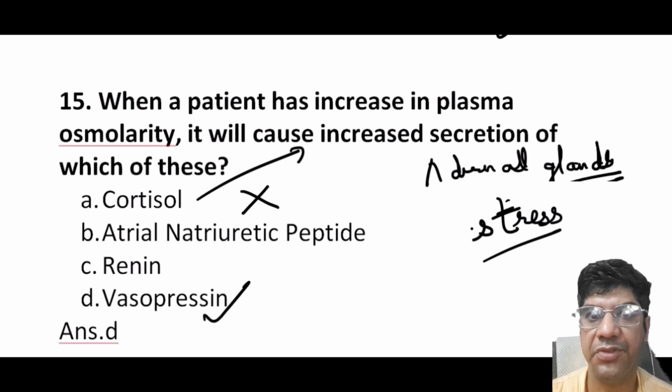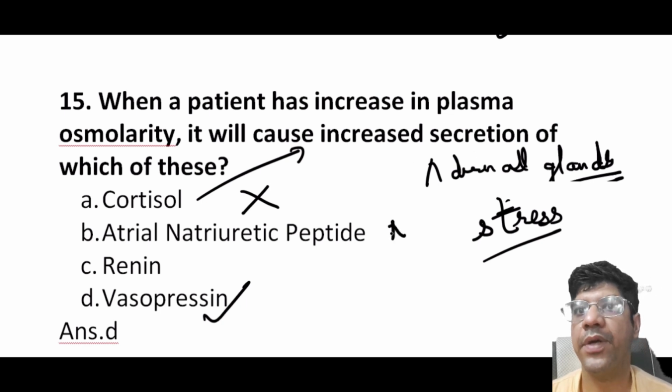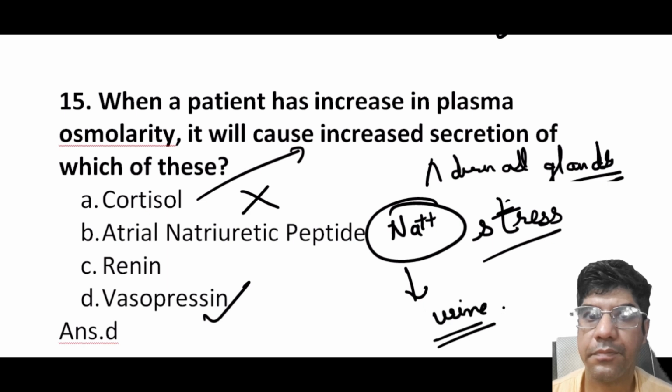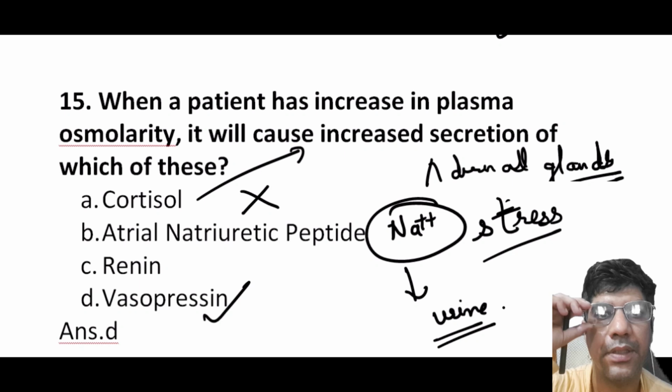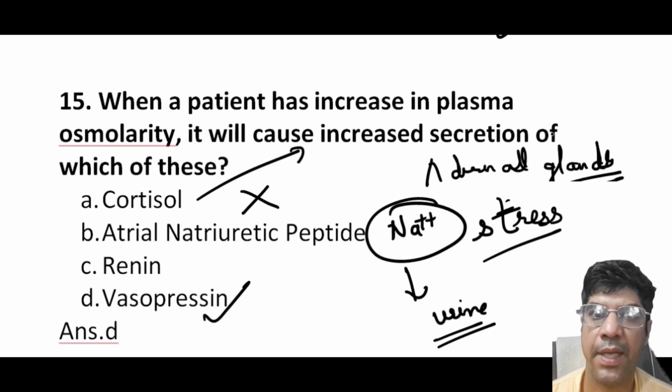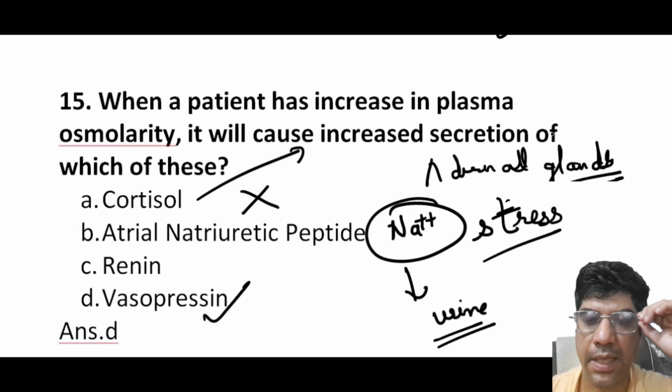Its primary function is to promote natriuresis, that is excretion of sodium ions in the urine, leading to increased urine volume and decreased blood volume and pressure. So ANP promotes vasodilation and inhibits the release of renin and aldosterone, which helps to reduce the blood pressure and fluid volume.